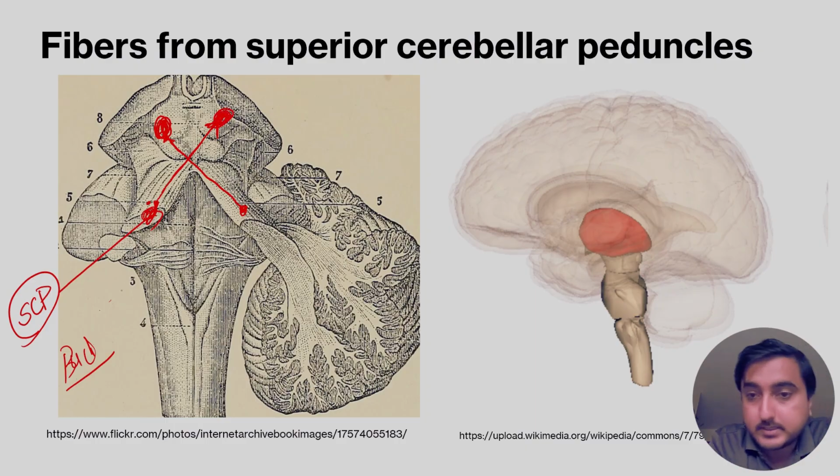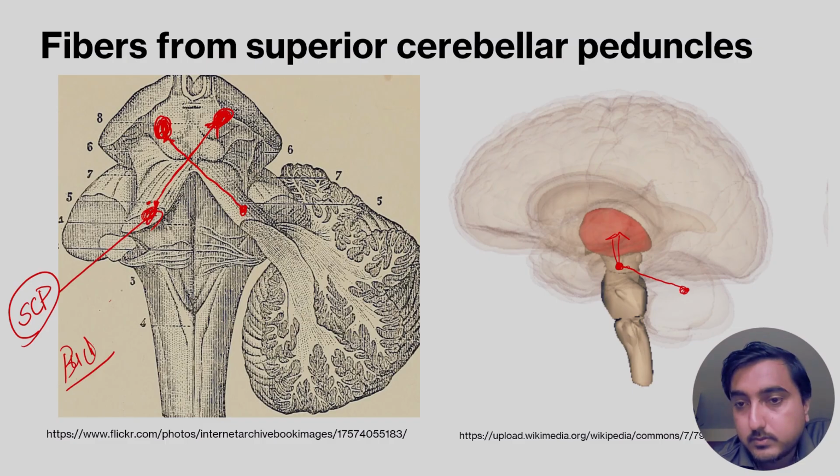If we are seeing from the side, the fibers are originating from the cerebellum and they are ascending upwards into the midbrain. The region where they go to is the red nucleus, and from there some of the fibers synapse there, whereas some fibers ascend directly to the thalamus. So two different types of fibers are present.